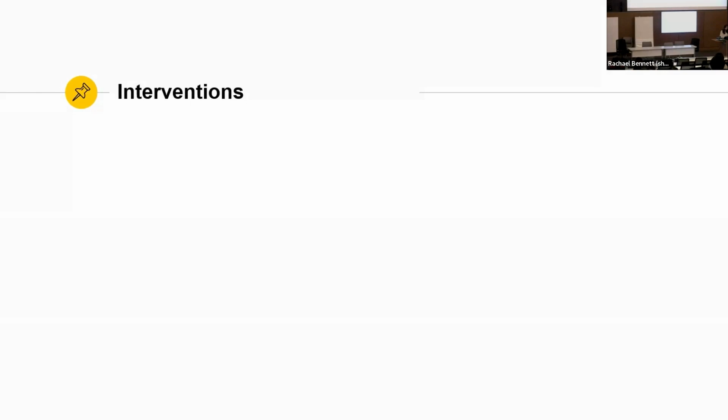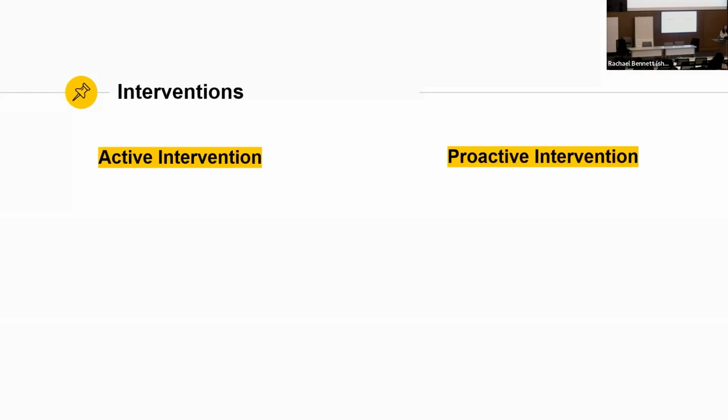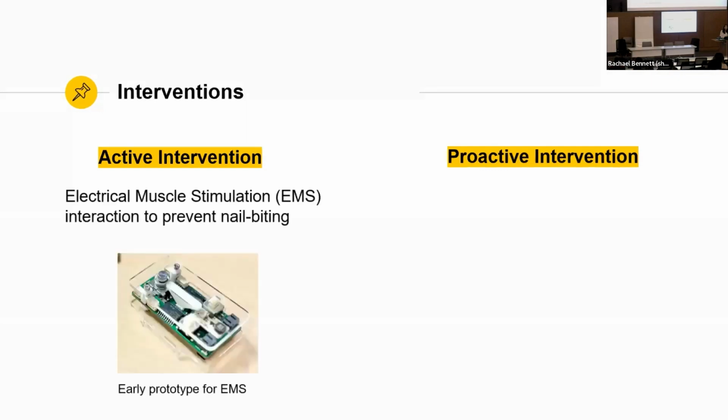And we provide two types of interventions here. First is active intervention, and second is proactive intervention. So for the active intervention, we utilize electrical muscle stimulation to prevent the nail biting. And this is the early prototype of the EMS device that is supported by Jun Nishida.